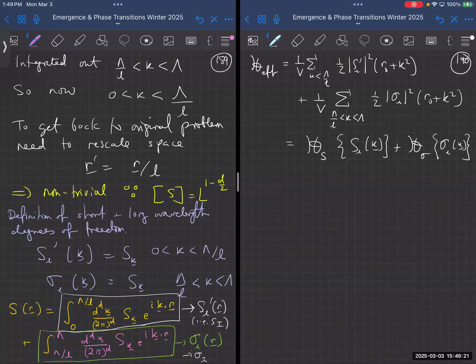So when I write down the partition function, and we're nearly finished here, I write it down formally as the integral of e to the minus effective Hamiltonian, dS.